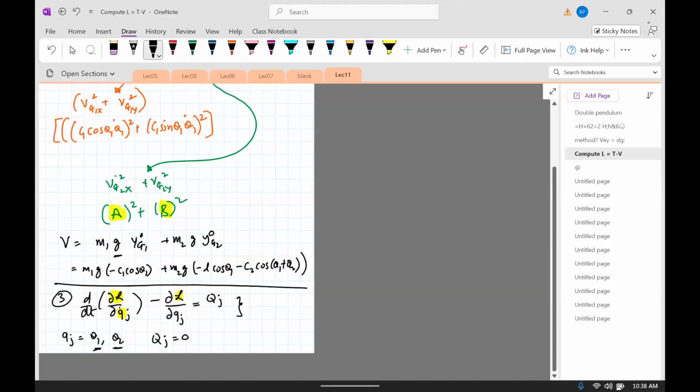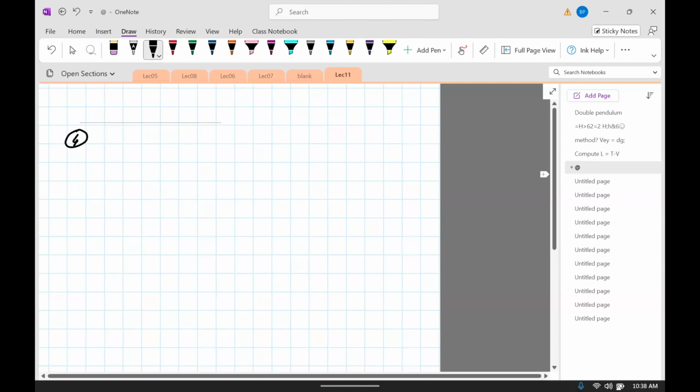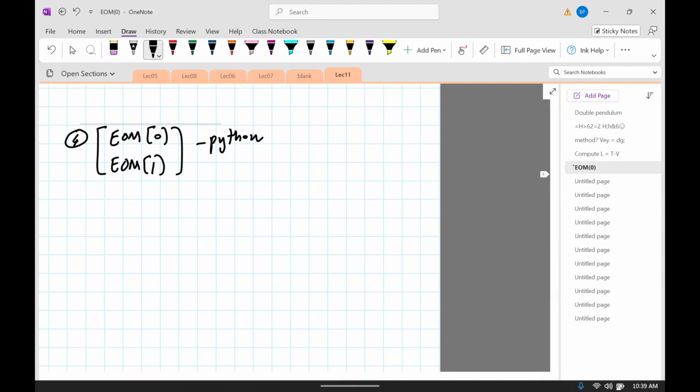So what you end up with is 2 lines of code, equation 1, and I'll write it the way Python gives it. Python will give you a matrix. The first EOM, equation of motion, will have all these huge terms with acceleration and so on. It turns out that these equations have a very simple form, even though they look very complicated.